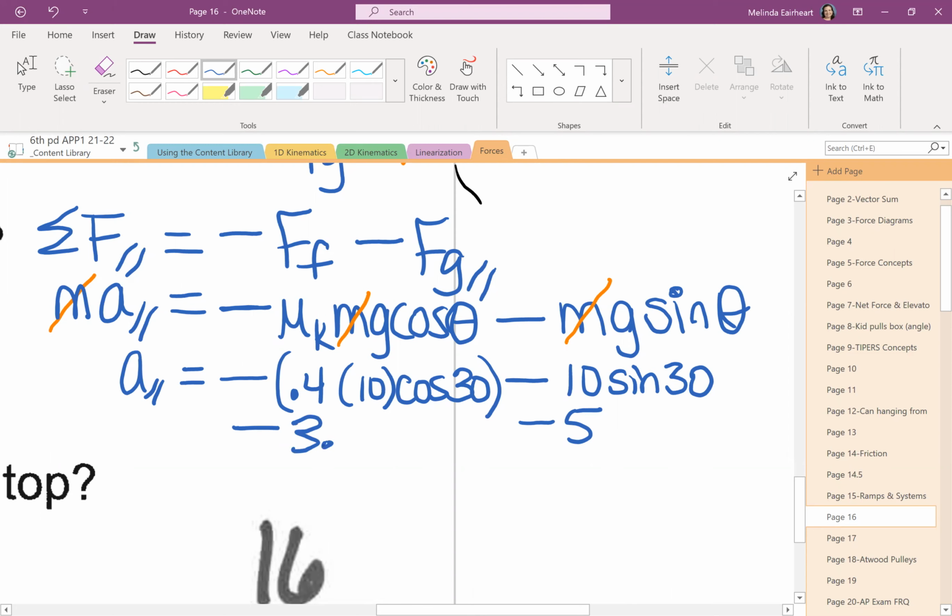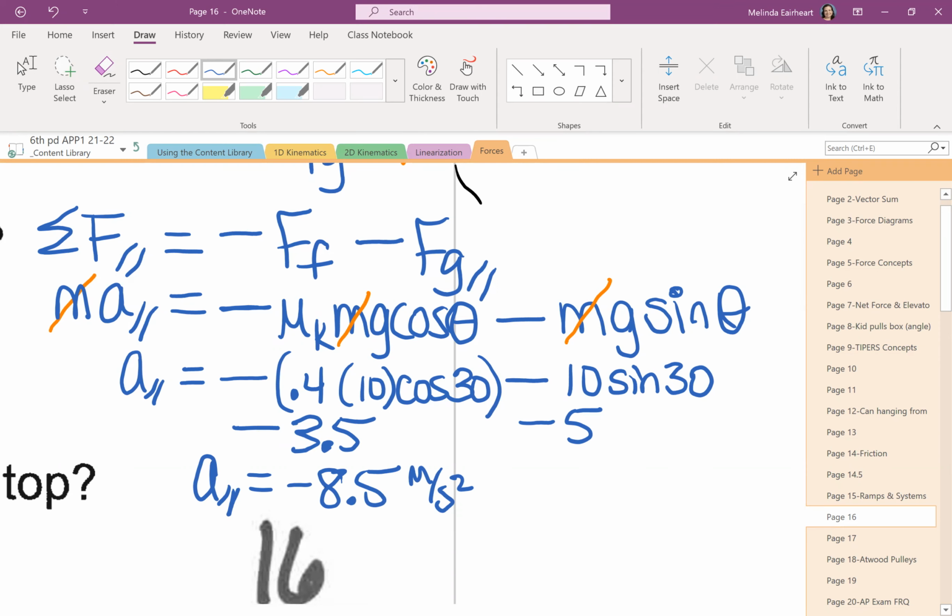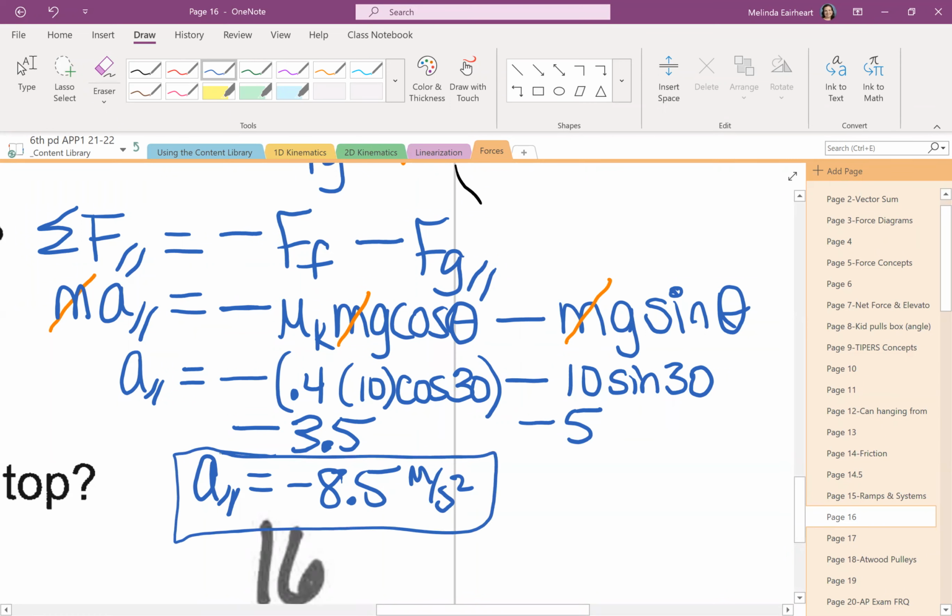Okay. So 3.5 minus 5. What's our acceleration? Negative 8.5 meters per second squared. Negative, just meaning as you go up the ramp, you're accelerating down the ramp, right? And that's pretty close to gravity. That's actually a pretty strong acceleration for an object, FYI. Okay.